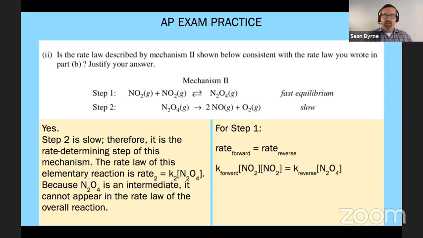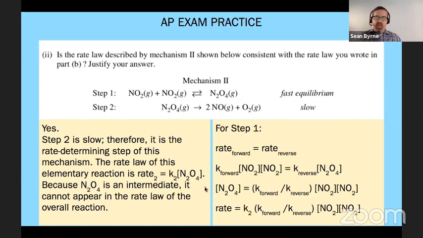And so we can say that the forward rate is equal to the reverse rate, and then we just solve for the concentration of the intermediate and plug that into our original rate over here. Okay, so we would say that the rate for this overall reaction gives us a new, much more complicated k, but it would be some sort of a constant times the concentration of NO2 squared.